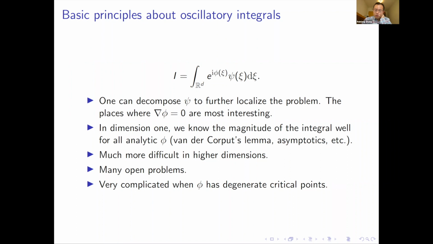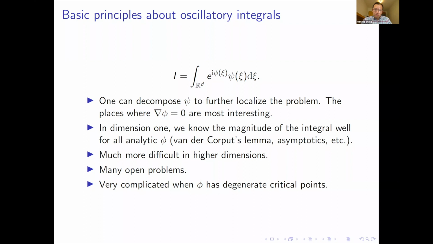And what's an interesting point? Well, you want to have the gradient being 0. Otherwise, you just do the integration by parts that I just mentioned. So it turns out actually in dimension 1, we know the magnitude of this integral very well in a lot of situations, at least for analytic phases.